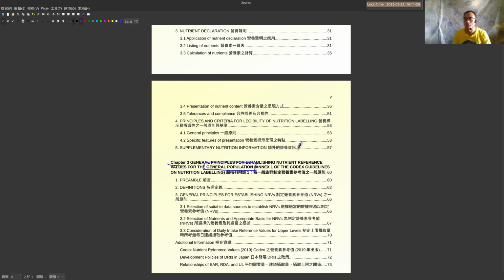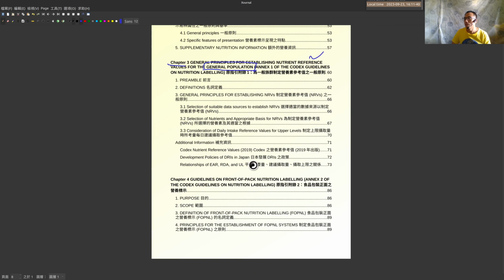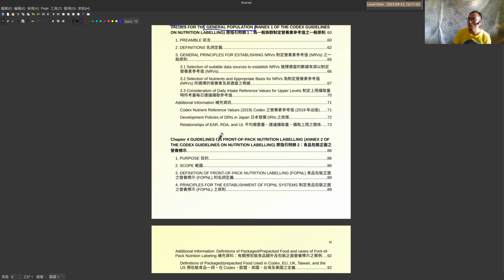How to establish the kind of value? For example, how much vitamin C do they need? How much iron, calcium, potassium do they need? Here is the reference. Okay. Then chapter 4, guidelines on front of pack nutrition labeling, is annex 2 of the Codex guideline.